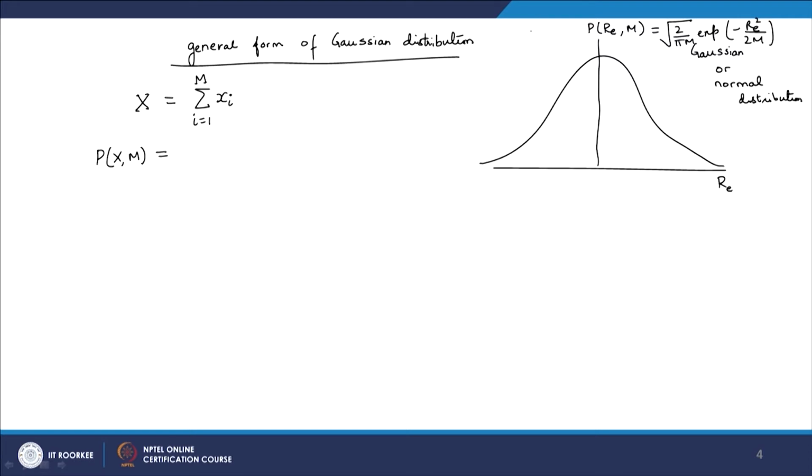This was the probability and this is the probability density, and this is given by 1 by under root 2 pi m sigma square times the exponential of minus the expression shown.